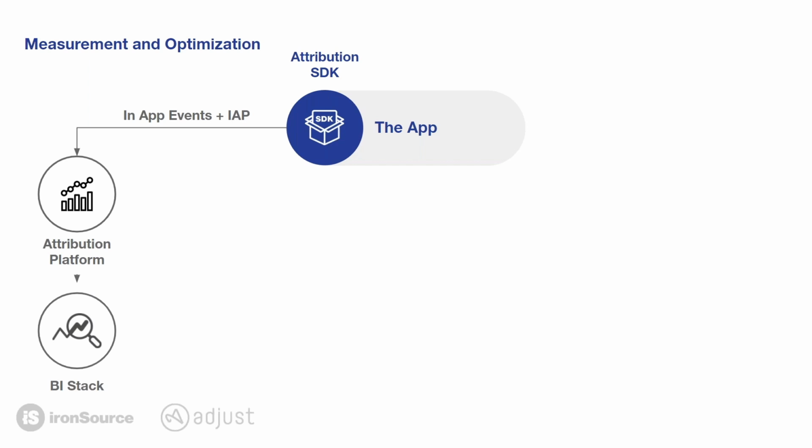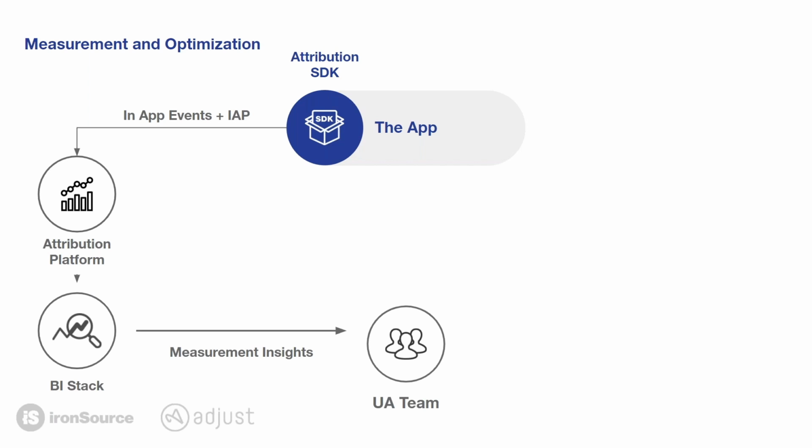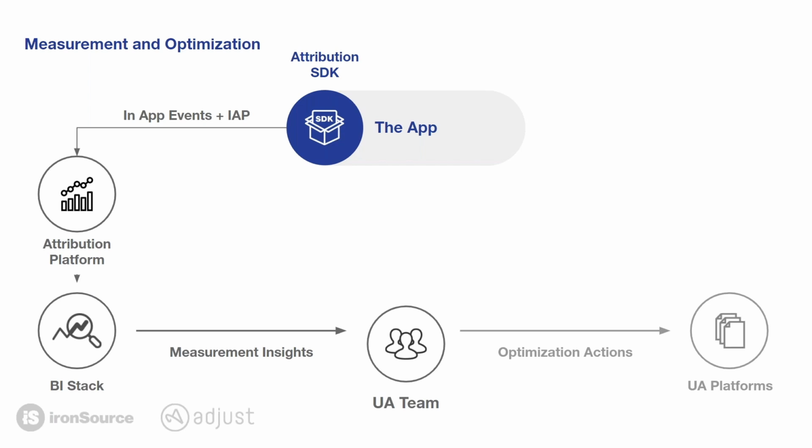And then you can easily funnel this back to your BI stack, or just use the dashboard for understanding your data. Those measurement insights are then funneled through the UA team, where they consume that data and decide how to optimize on all the different user acquisition platforms.